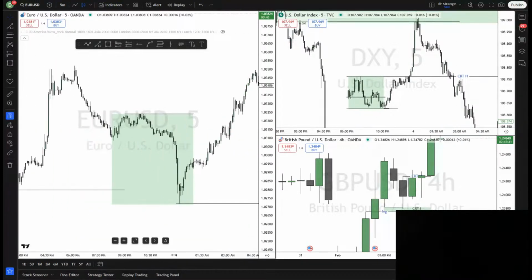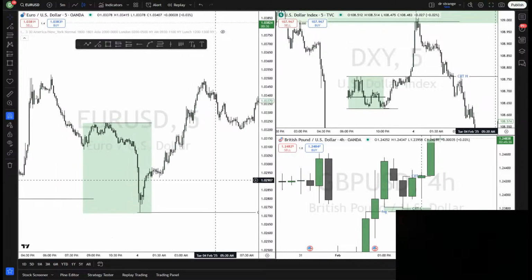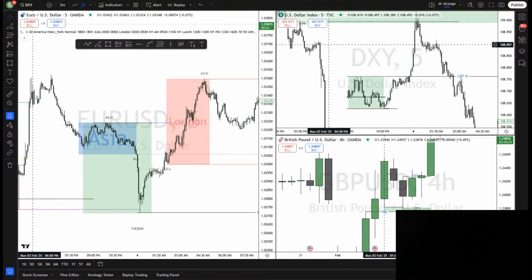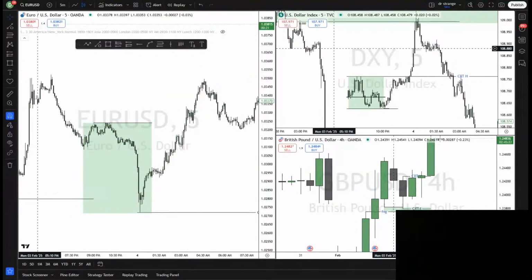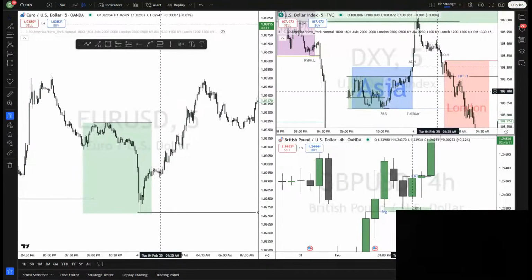if you're a person who uses SMT based on the Asia session and London session, this is what happened. This is the ICT kill zone indicator. What you see is that Euro USD took out the Asia lows, and we also added the indicator on GBP USD and on the DXY.